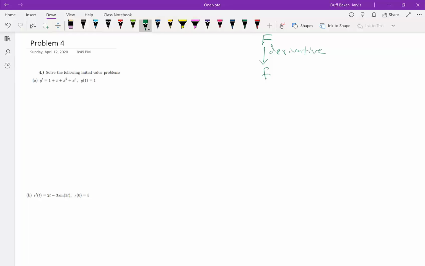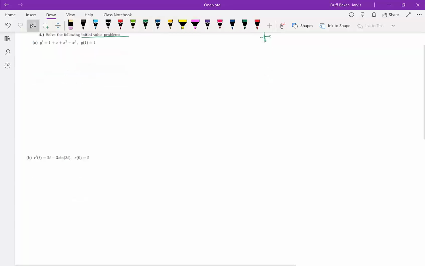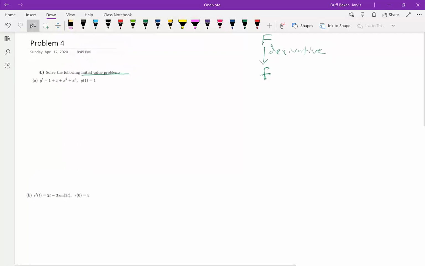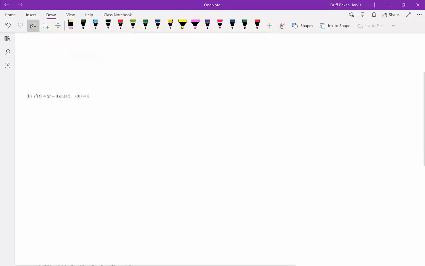And one of the main applications we know so far of using this is these things called initial value problems. So we're going to do a few of those. And just for the sake of time, I might skip the first one, because I think 2 is enough to see.